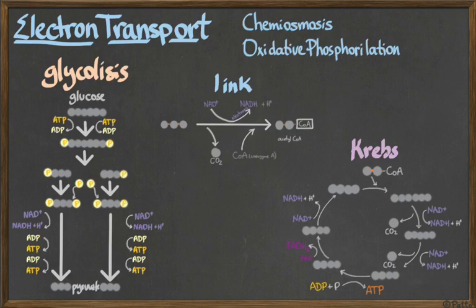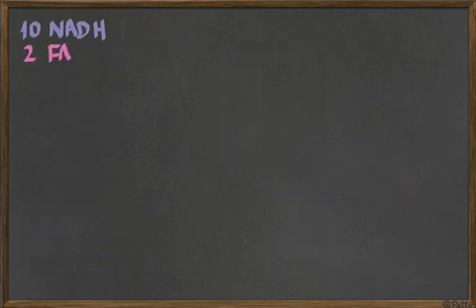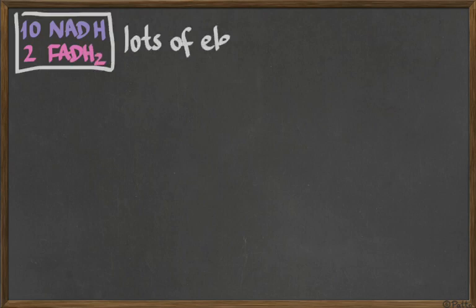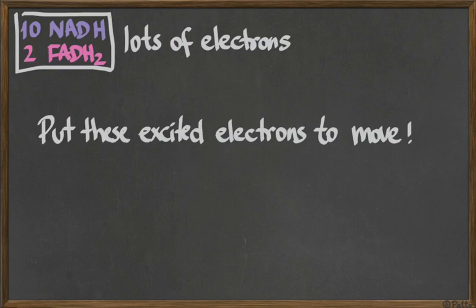So in this process, we make a lot of NADH plus H and FADH2, which are electron transporters full of excited electrons. Overall, we have 12 electron transporters, lots and lots of electrons, and now all we have to do, in the mitochondria, is to put these excited electrons to move.